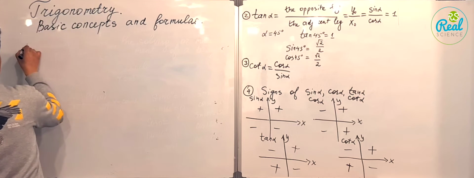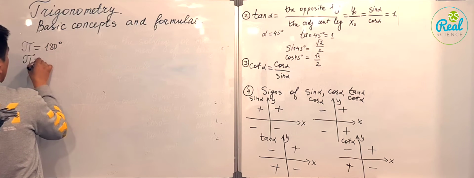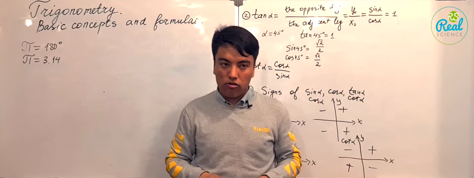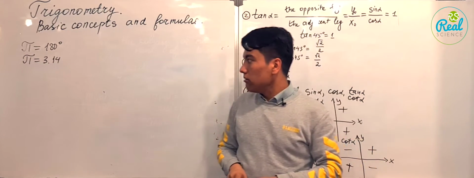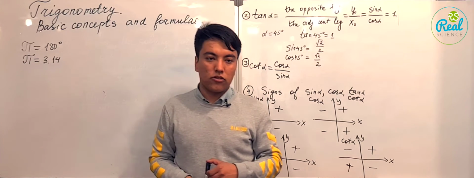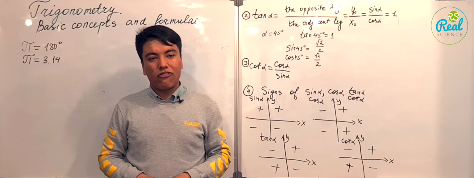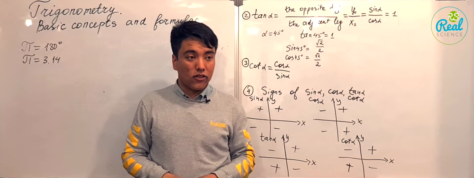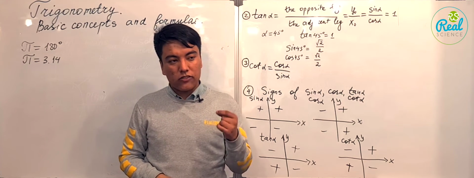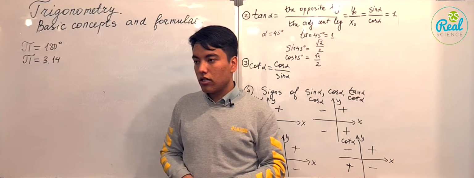Pi is 180 degrees, or 3.14. Both are used. For example, when we talked about sectors and segments, we wrote the formula for finding the length of a sector, and in that formula pi is 3.14.